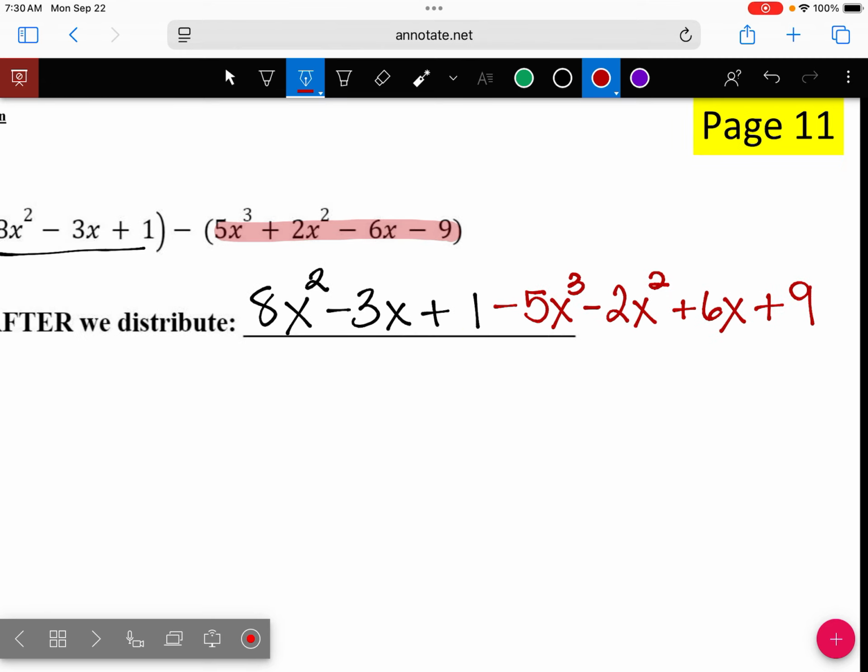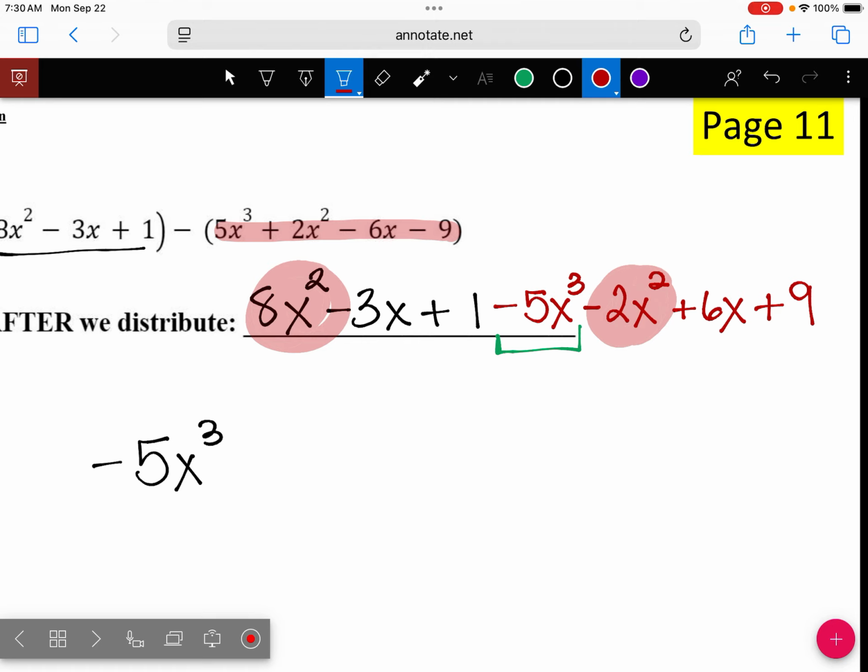All right, we only have one term that's to the power of 3, so that one won't change, or we can't add that to anything. And then we have our x squareds, so that's 8x squared and negative 2x squared. So that's 8 minus 2.